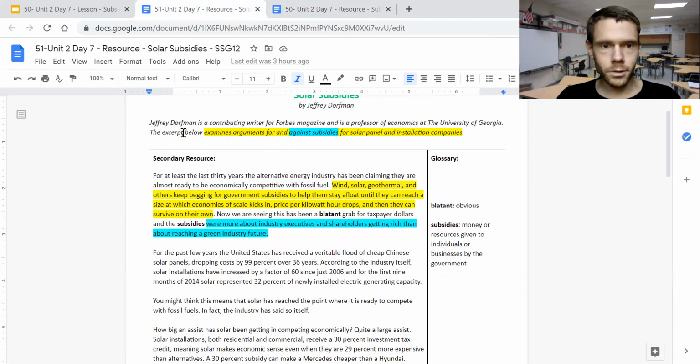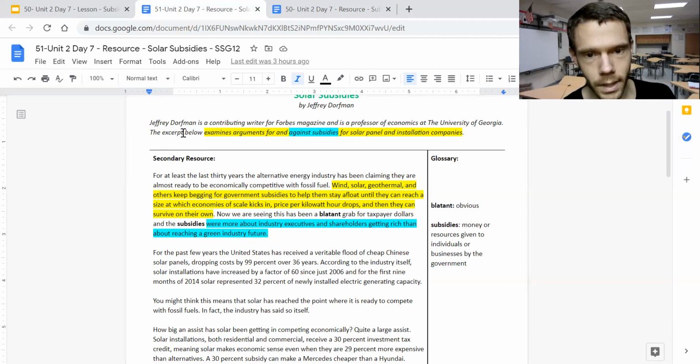In the introductory paragraph, we can see that one of the main arguments for these subsidies is that it allows these renewable energy companies to stay afloat while it is expensive for them to maintain their industries, so they can reach an economy of scale where they'll be able to be profitable and survive on their own.